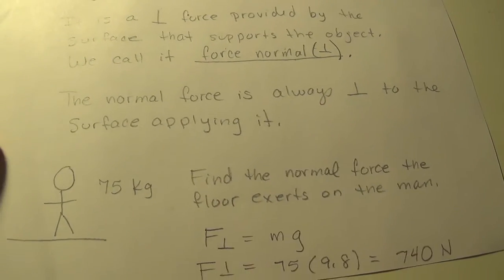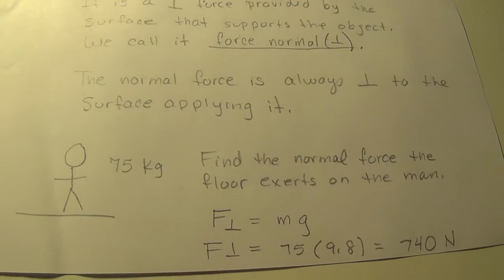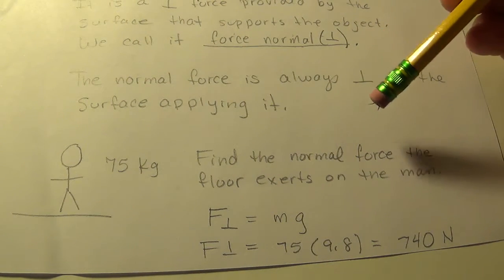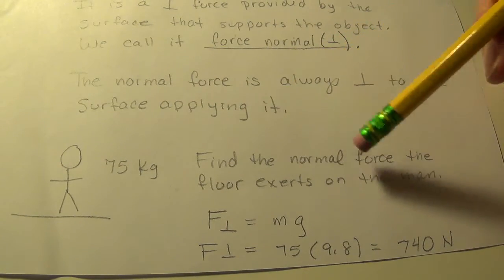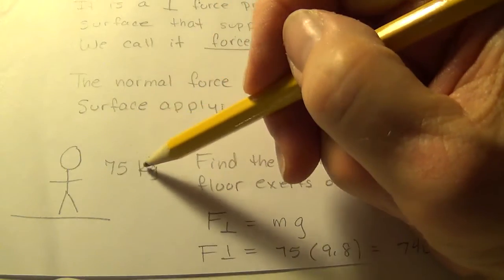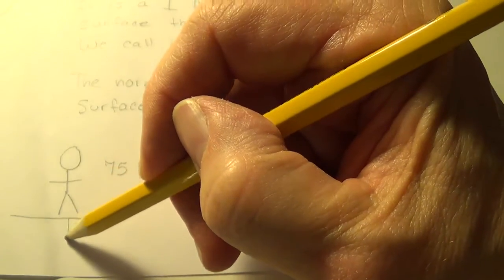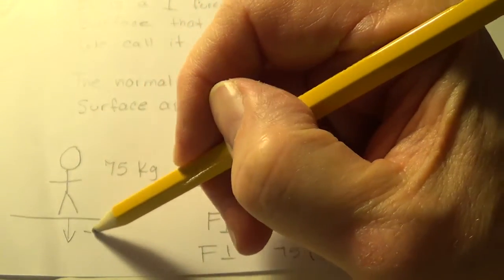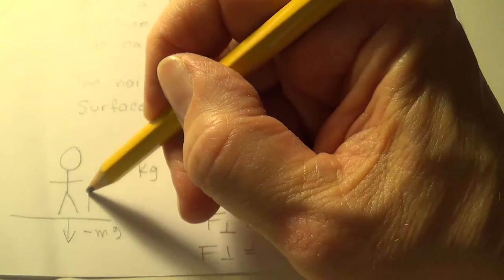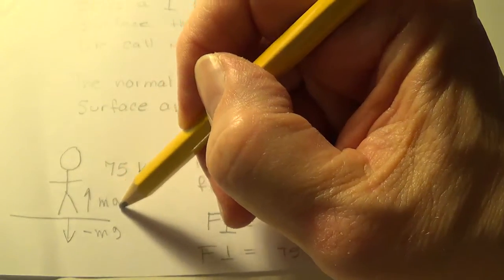So, let's do a problem here. We have a 75 kilogram man, and we want to find the normal force that the floor exerts on the man. So we know that this mass, 75 kilograms, is creating a force downward, negative mg, but we want to know what is the countering force, the mg upward.